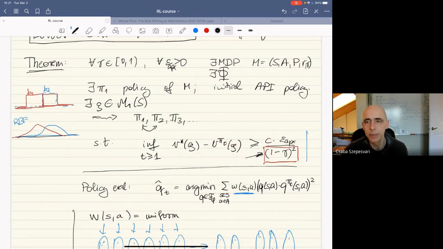But who said that we need to stick to approximate policy iteration, right? And so what Dan is arguing in this paper is that maybe we should switch to policy gradient or do something like that. And he shows a result which shows that policy gradient does have a chance.